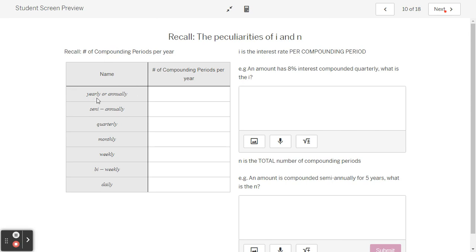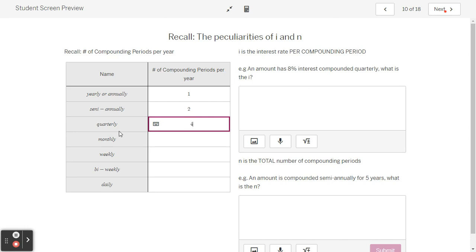So, for example, if you enter into an agreement with a bank that is compounding money at a yearly or annual rate, you would be getting interest once a year. However, if you are talking about a semi-annual agreement, then you're getting two compounding periods. Quarterly means four.